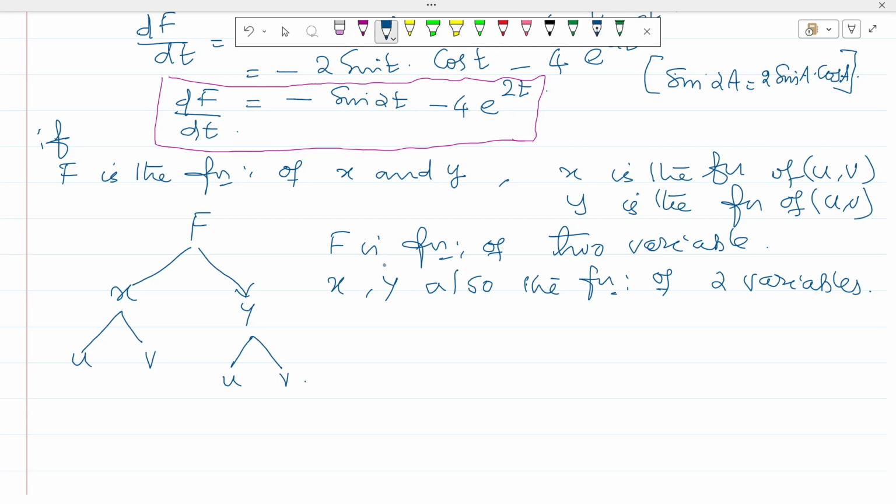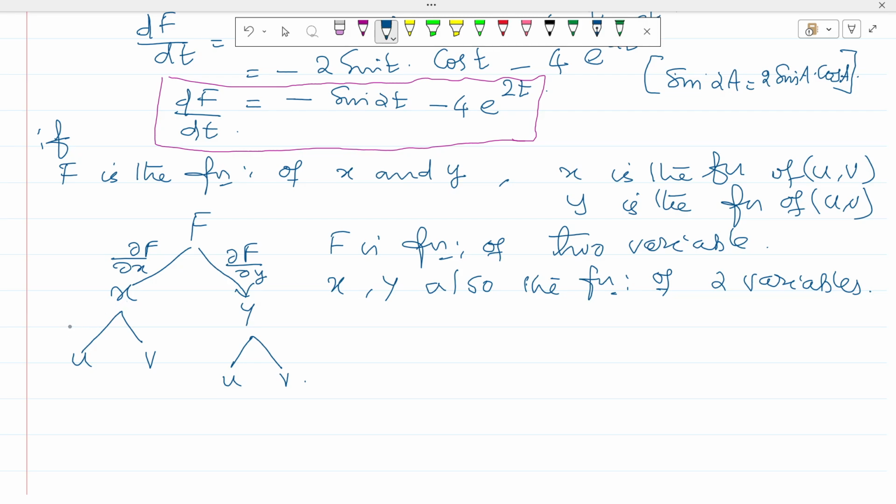Yes, sir. Okay. Screen is visible, so can you tell me what is the difference between the last case and this case? In the last case, x and y have only one variable. Here x and y have two variables. Yes, sir. Okay. So here there are two possibilities. Here also we can find dou f by dou x, dou f by dou y.